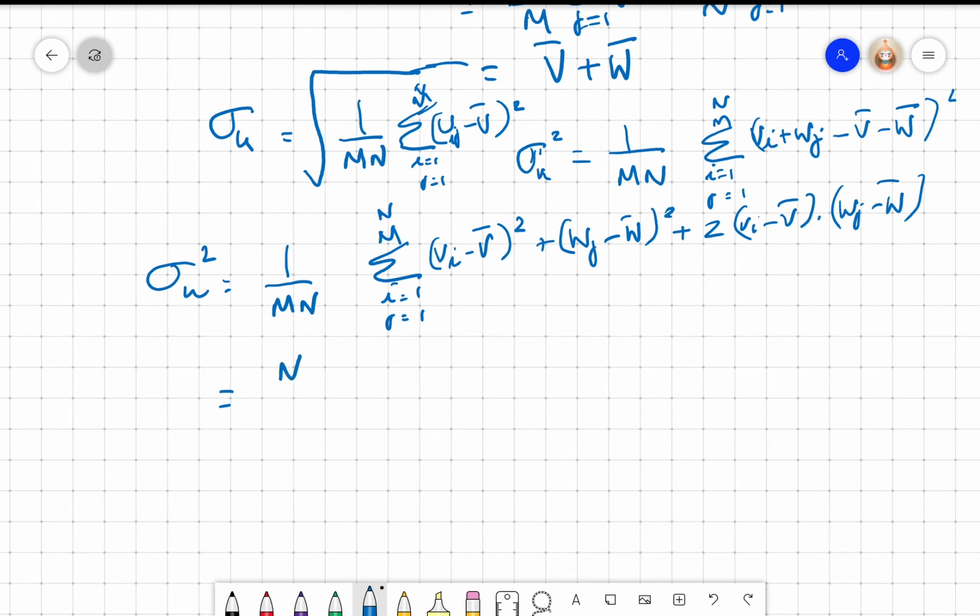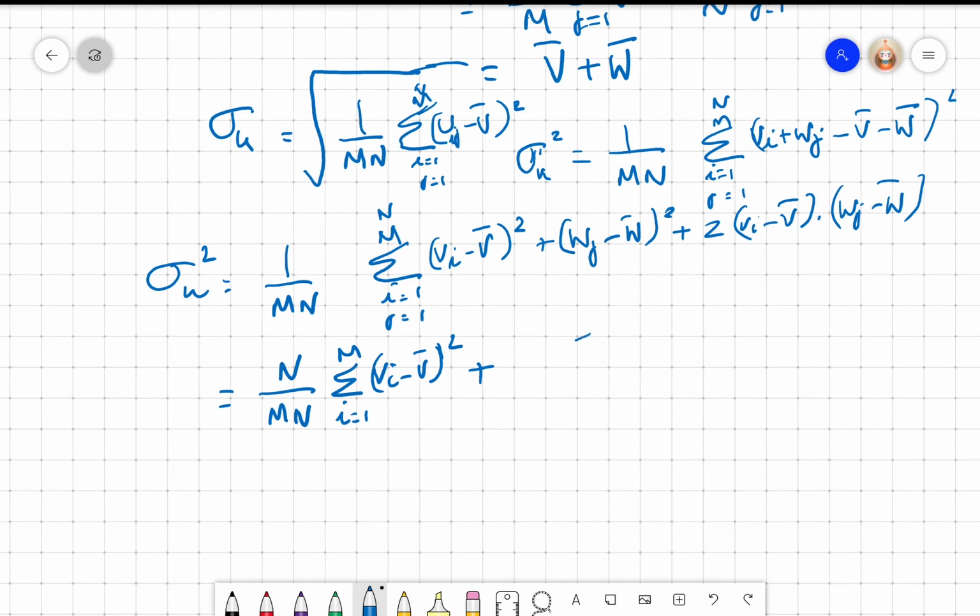So this becomes n by 1 by mn sigma I equal to 1 to m vi minus v bar whole square, right? Similarly, if I take this one, this is again over I and j. I is an independent variable, only j is a dependent variable here.